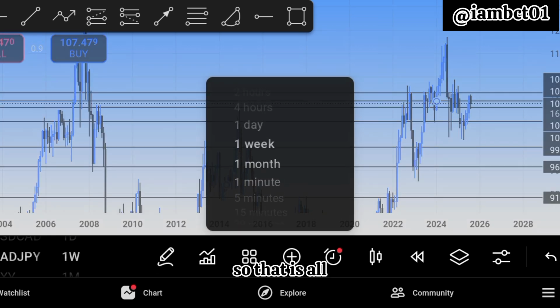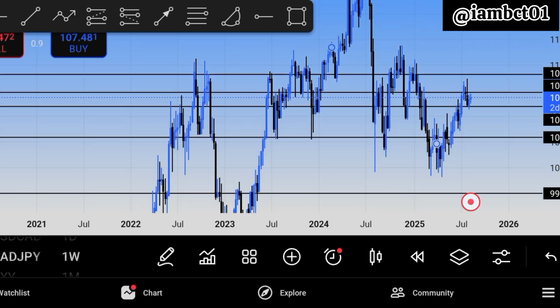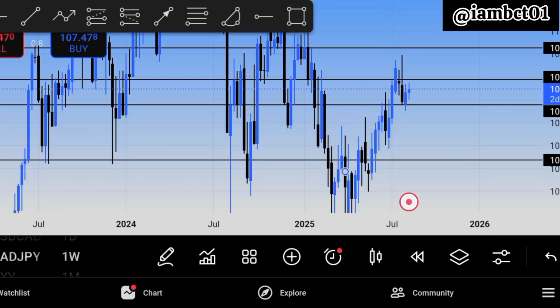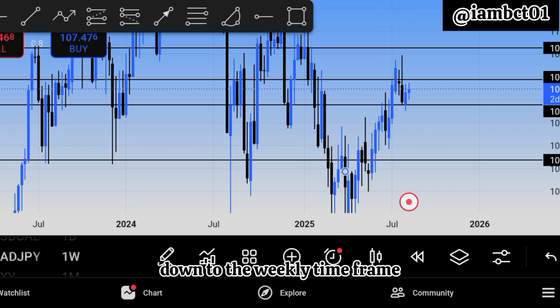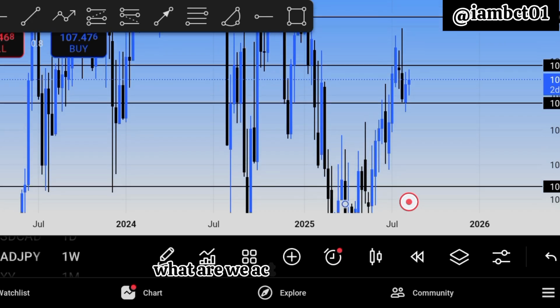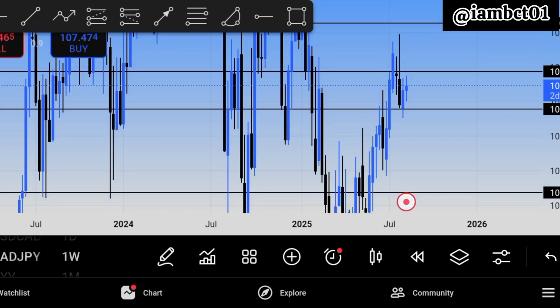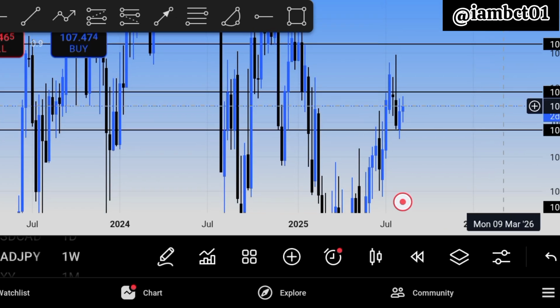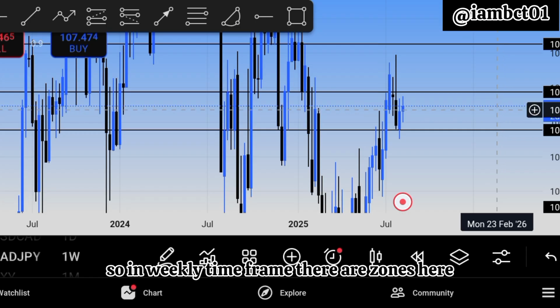So it is all down to the weekly time frame. What are we actually seeing here? In the weekly time frame, there are zones here.